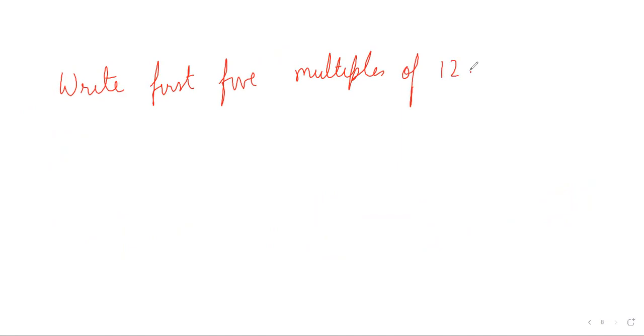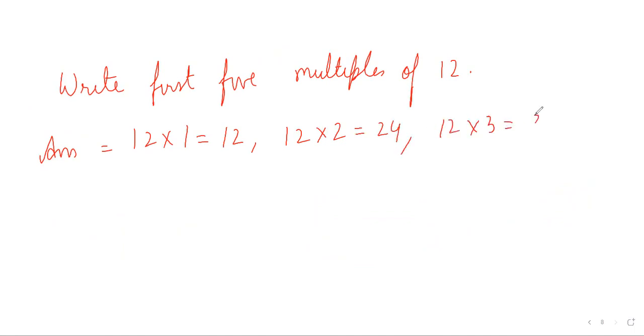Ma'am, can Hriday tell? Yes, Hriday. Ma'am, first is 12 ones are 12. Okay. Then 12 twos are 24. Okay. 12 threes are 36. Okay. 12 fours are 48. And okay. 12 fives are 60.